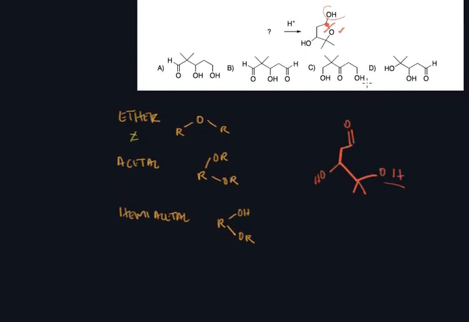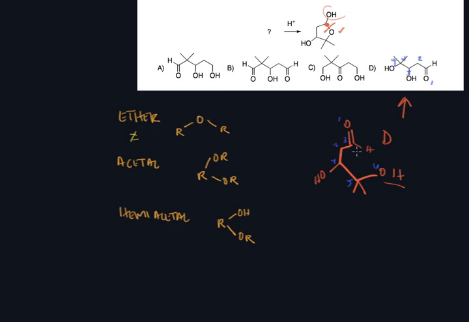And so I looked at my answer choices, and it turns out that this product right here is the same as D. It is drawn a little bit differently, but if you rearrange it in your head, you can even count the carbons.